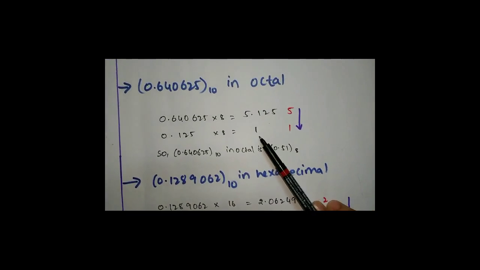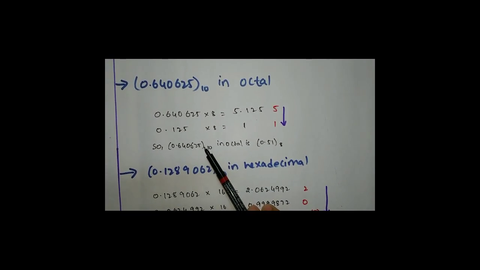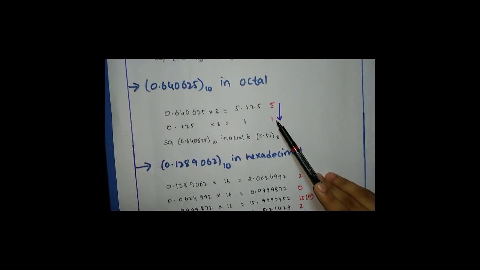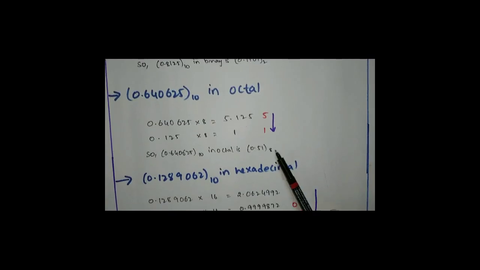We stop here till 1. So 0.640625, it is in decimal equivalent. To convert to octal, the answer you have to take from top to down. So 0.51 to the base 8.